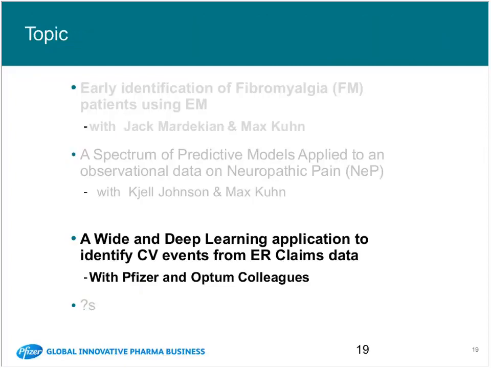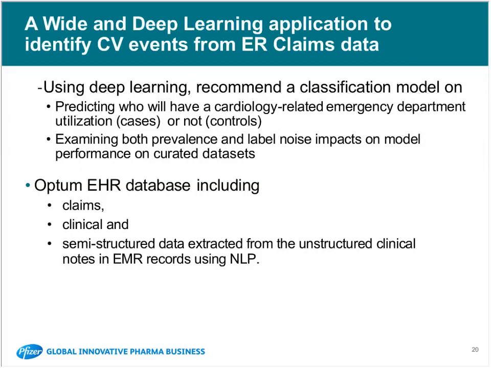This is, again, just another application that I wanted to give you a sense of what we do. The last topic I want to talk about is that we wanted to use deep learning on a classification model to predict who will have a cardiology-related emergency department visit or not. We want to examine the prevalence, and we also wanted to look at label noise impacts on the model performance on the data set.